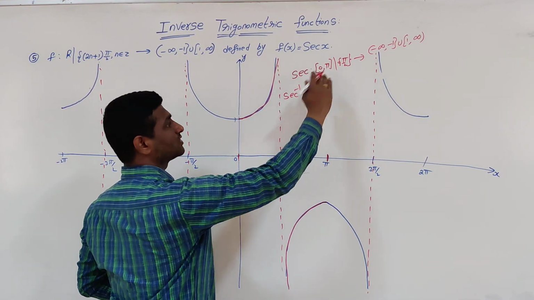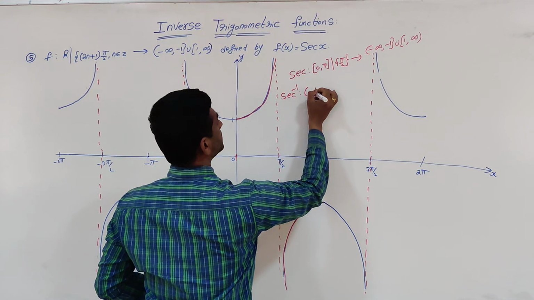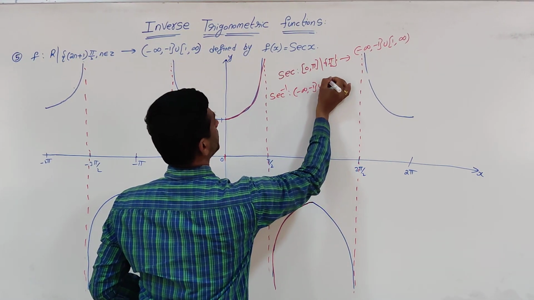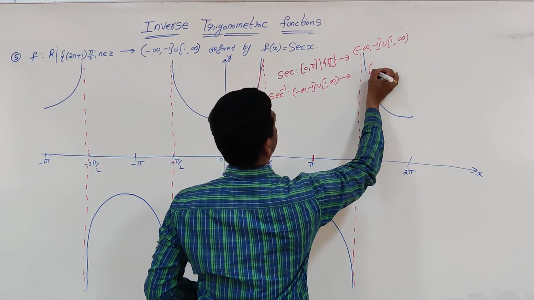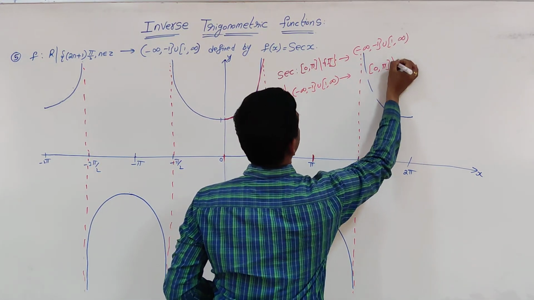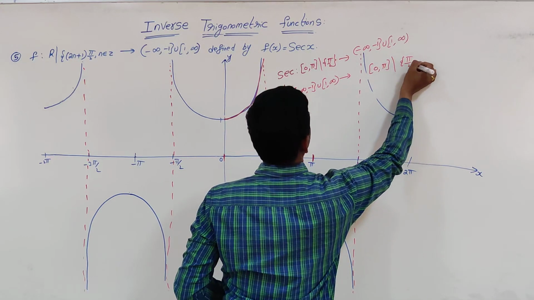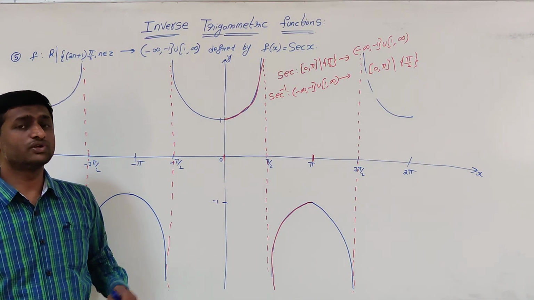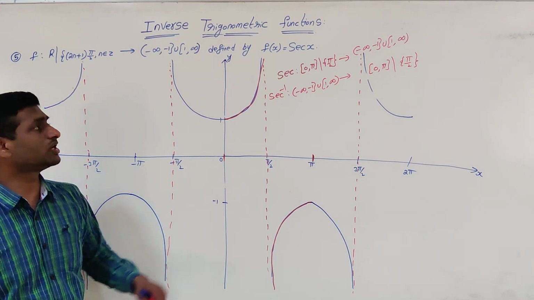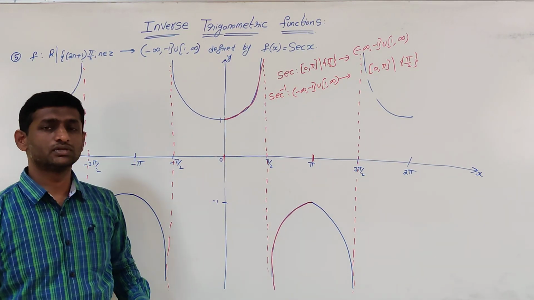It is the reverse of the secant function: minus infinity to minus 1 union 1 to infinity to the closed interval 0 comma pi except pi by 2. This is the secant inverse function, the inverse secant function, and it is denoted by secant inverse. So we will see the definition.